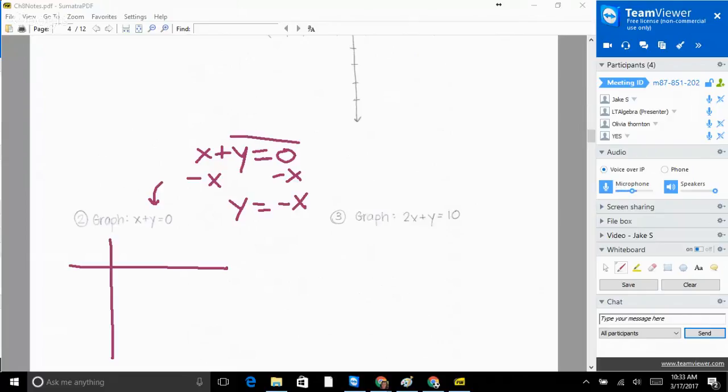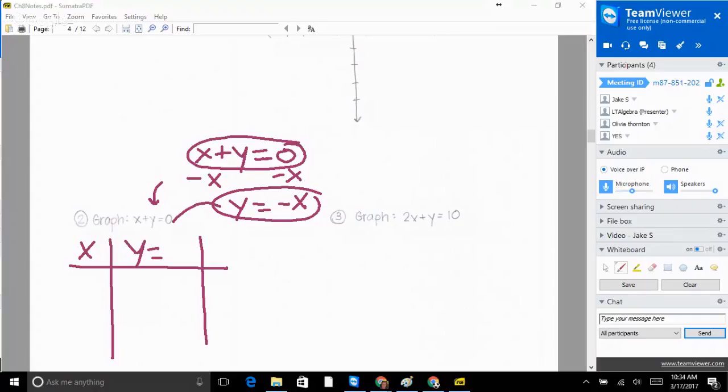Are you guys okay that this equation and this equation are the same? Yeah? Okay. So my little chart is not going to be fancy. I'm going to have some x, then my equation, y equals -x, and then my points. Okay?